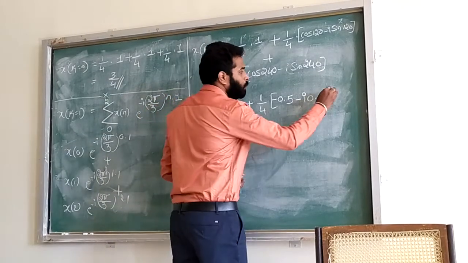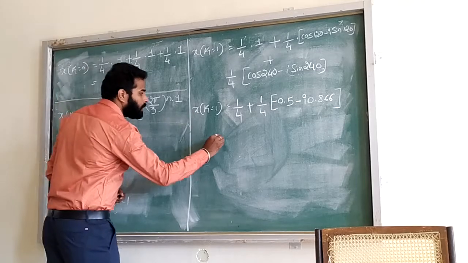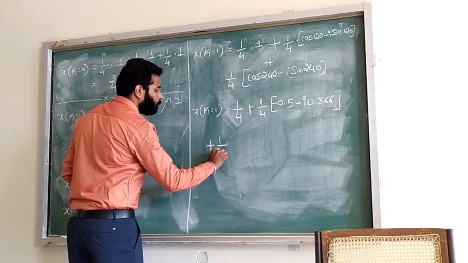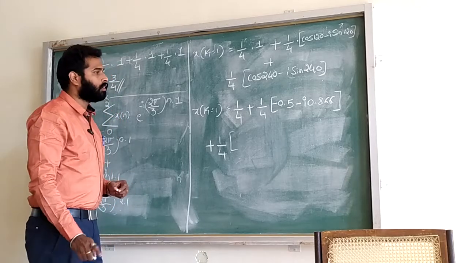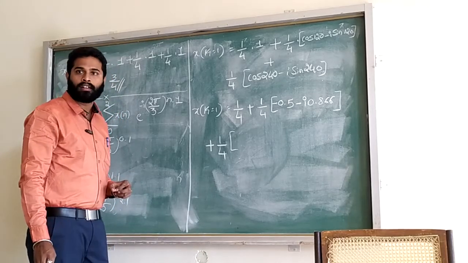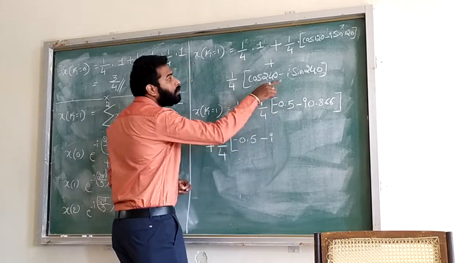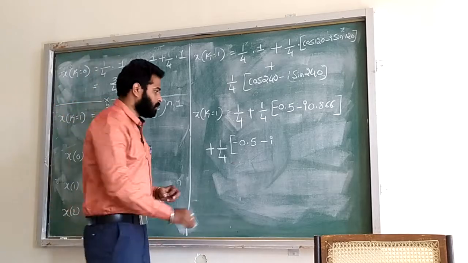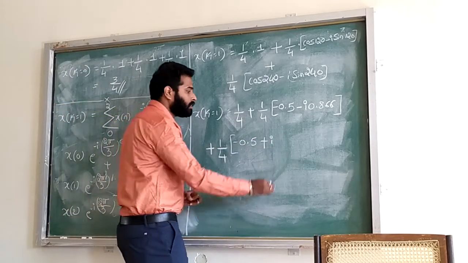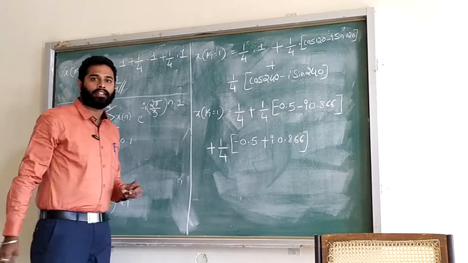Plus sin 120, yes. Next again plus 1 divided by 4 into cos 240, which is minus 0.5, minus I into sin 240, which is minus 0.866. So minus 1 becomes plus 0.866.